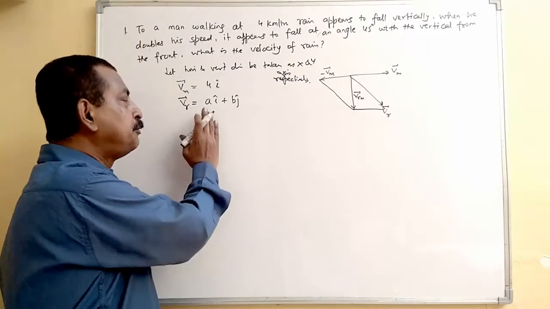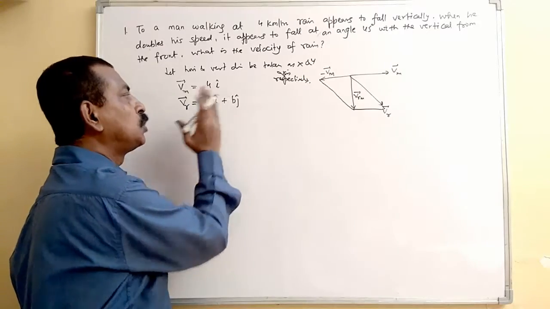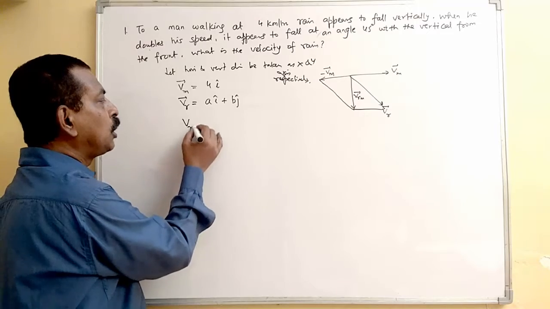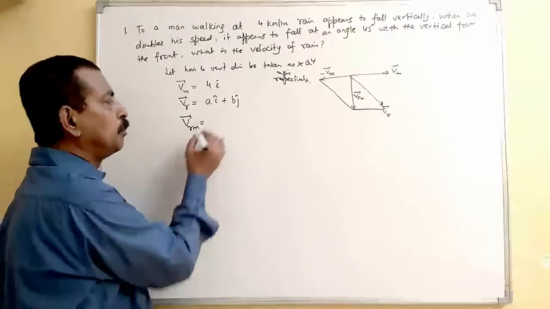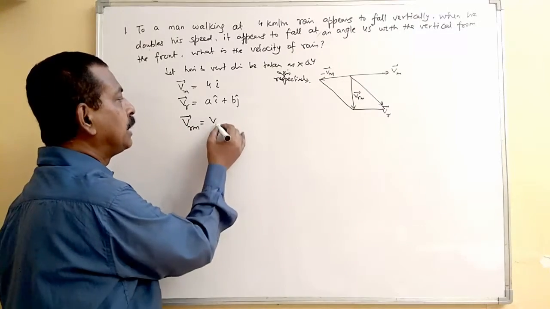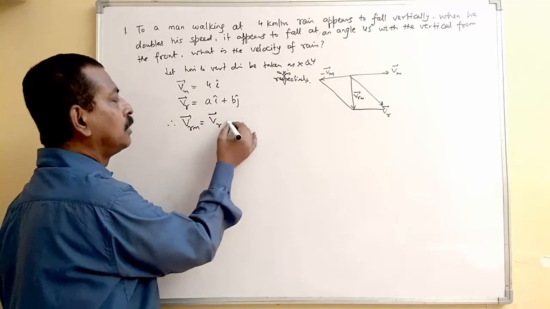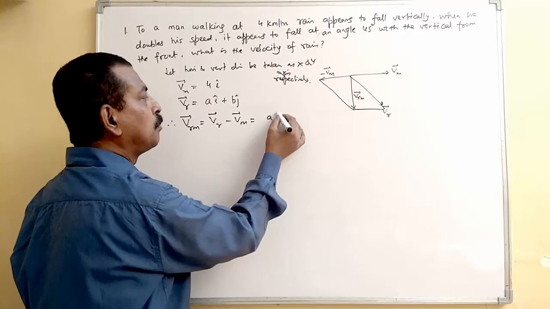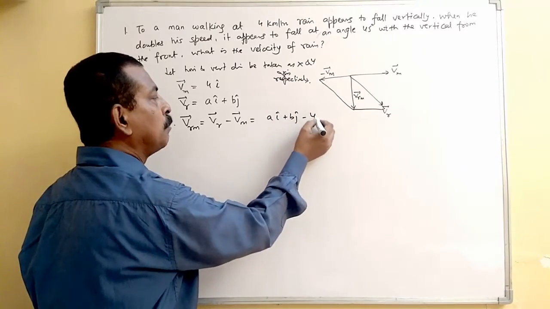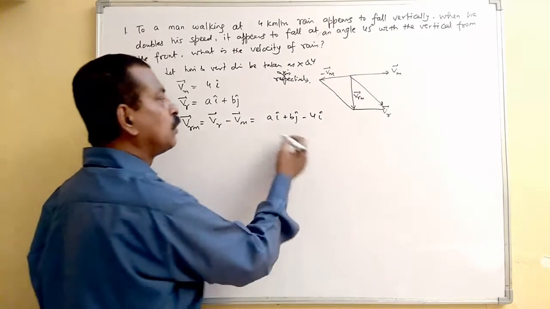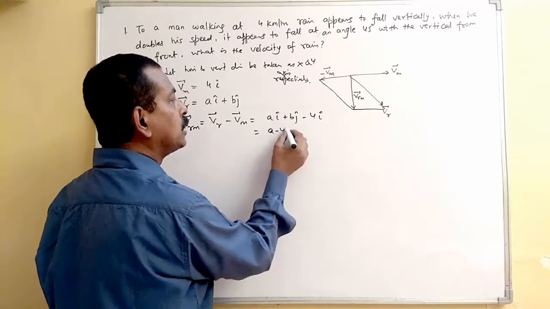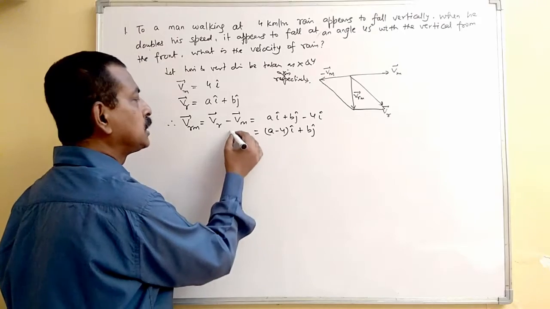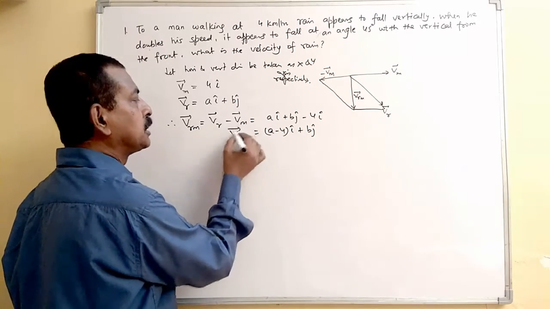But if we do not know, let's start with ai plus bj. Now, relative velocity of rain with respect to man will be given as Vr minus Vm. So this is ai plus bj minus 4i, and that will be equal to (a minus 4)i plus bj. This is your relative velocity of rain with respect to man.